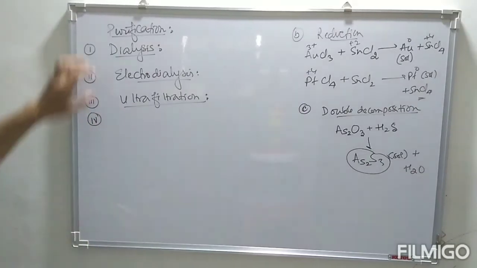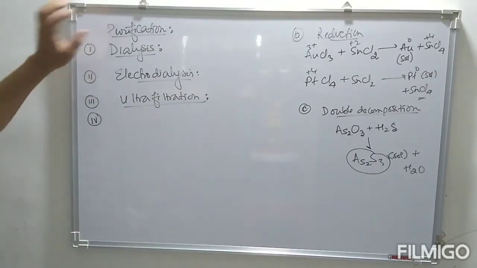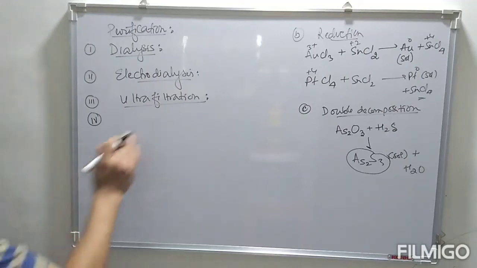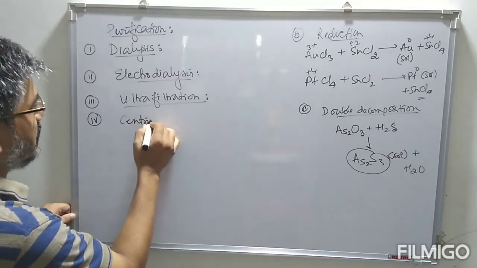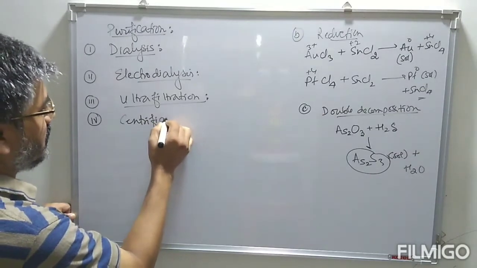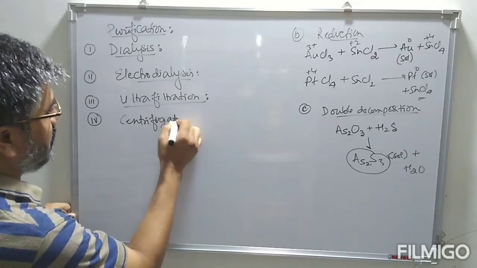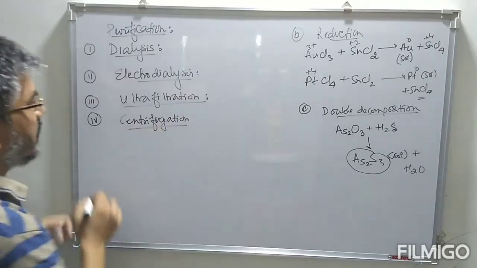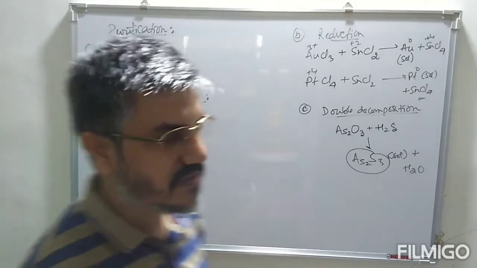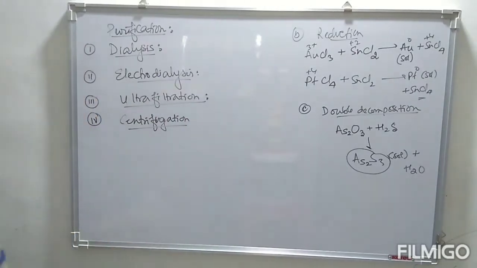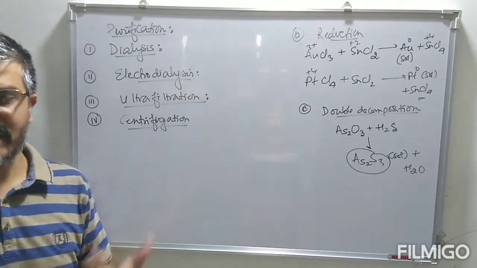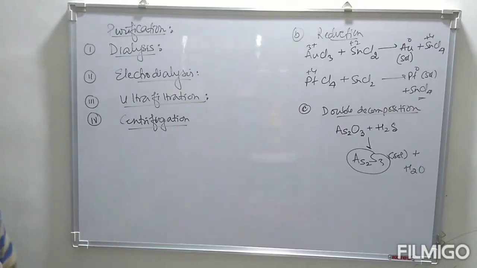The next method for purification of this colloidal solution is centrifugation, or simply ultracentrifugation. So a centrifuge is a small device which can be rotated at varying speeds.